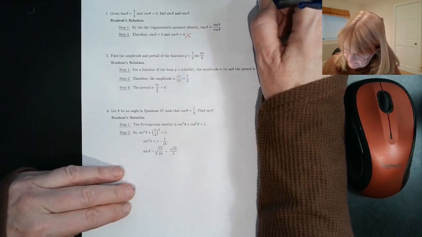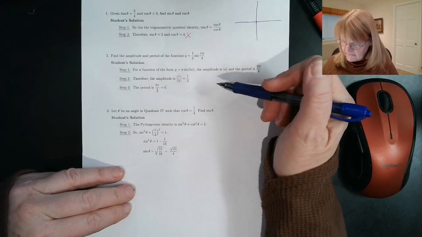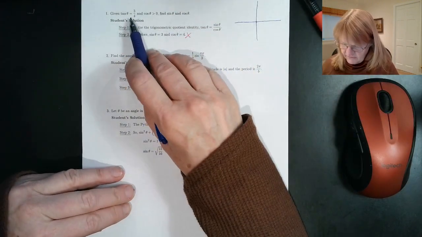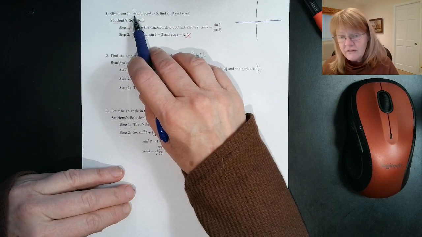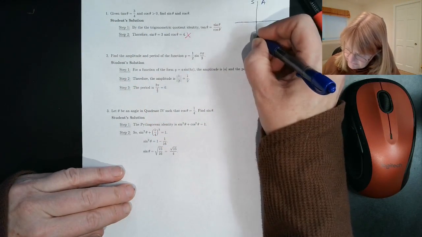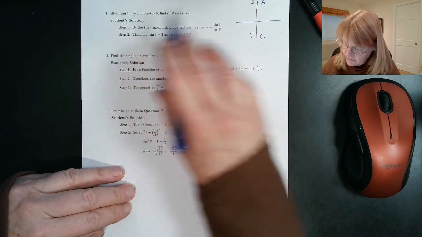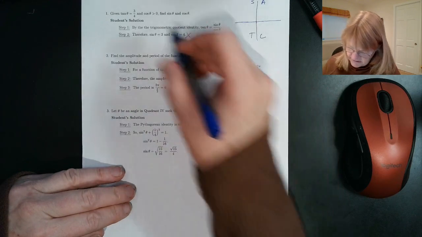So first, let's draw our angle. Tangent theta equals 3/4. So tangent theta is positive. We know, let's see, all students take calculus. We know that tangent theta is going to be positive in quadrants 1 and 3.